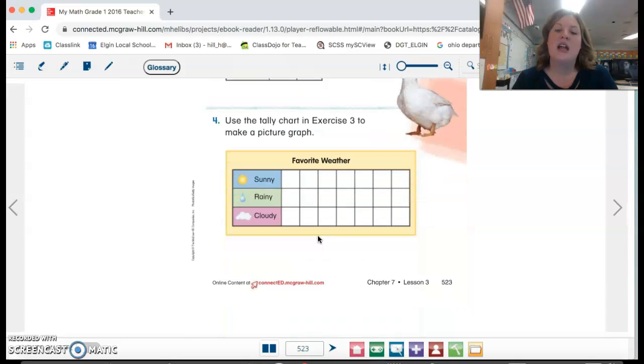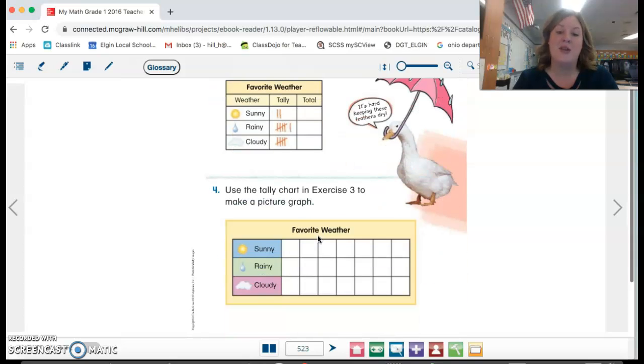It says use the tally mark in exercise 3 to make a picture graph. Okay, so you're going to do the same thing, okay? So you're going to look at your totals, your numbers that are right here after you fill them out. And then you're going to put in X's, okay? So for sunny, how many X's will we put in? So look at the tally chart, look at your total, and then fill in the X's for sunny.